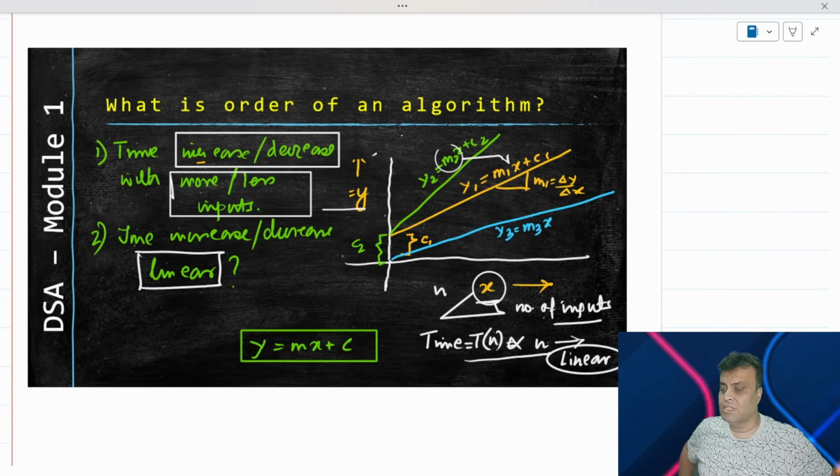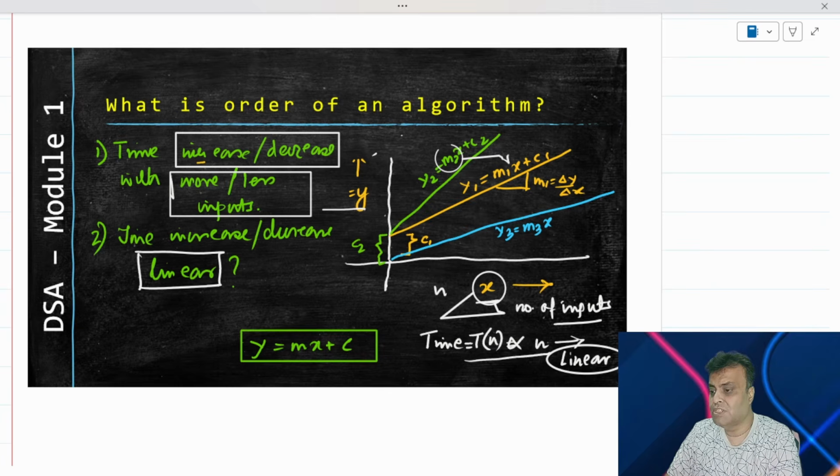We'll come to space complexity, it is similar to this, but for now we are just discussing time complexity, and we are trying to tell you that y equal to mx plus c is where all the curves can converge when it comes to a linear amount of time executed by an algorithm. We can shift machines and make sure that they execute in the same amount of time as taken by any other machine, right?